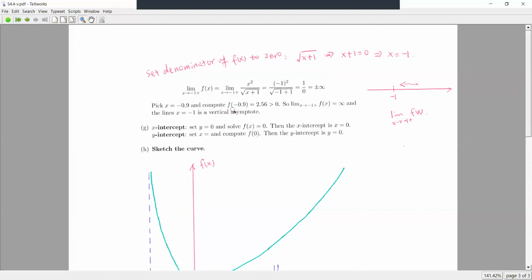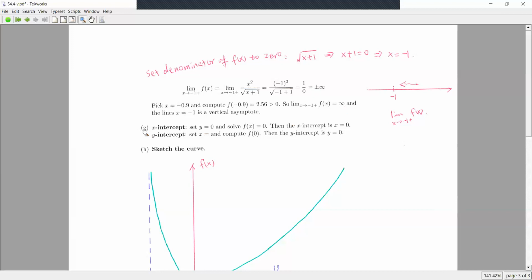Then compute the function value at -0.9. Plug in -0.9 for x, I get this number, positive. That means when x is very close to -1 from the right, the function value is positive. Therefore, this infinity is a positive infinity. Okay, now the limit is infinity, so -1 is a vertical asymptote.